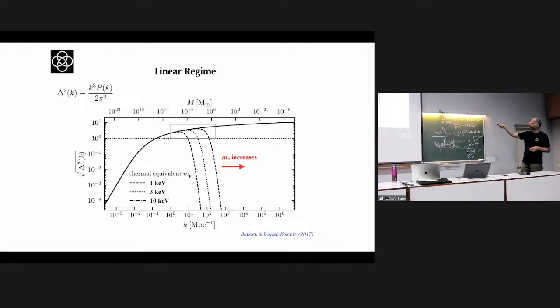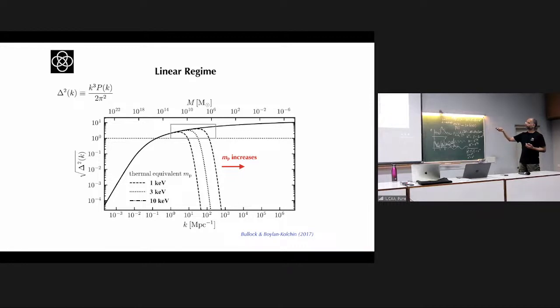So in such a situation, what will typically happen is that this increase will not go on forever. There will be a scale beyond which I will have zero power. So I will turn around in this power spectrum and I will go to 0. At these small scales, I will not have any power. And then people give names to these models.